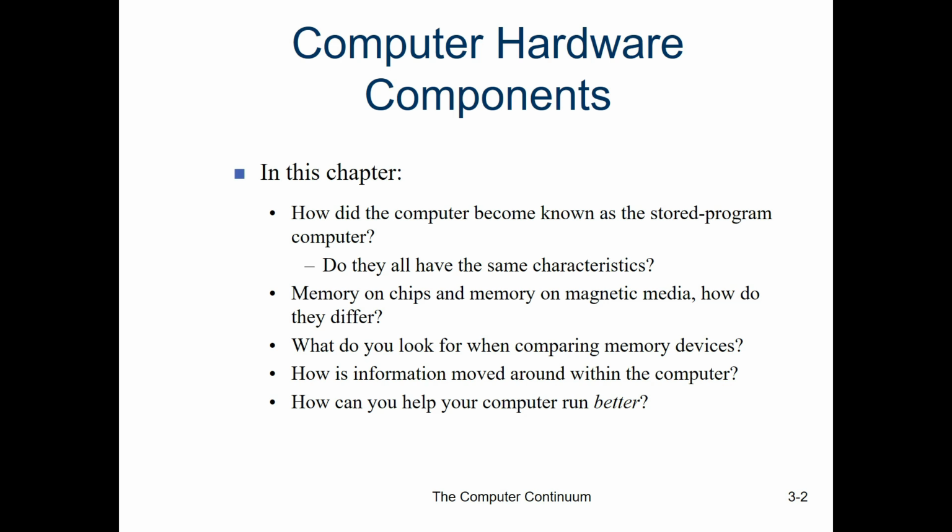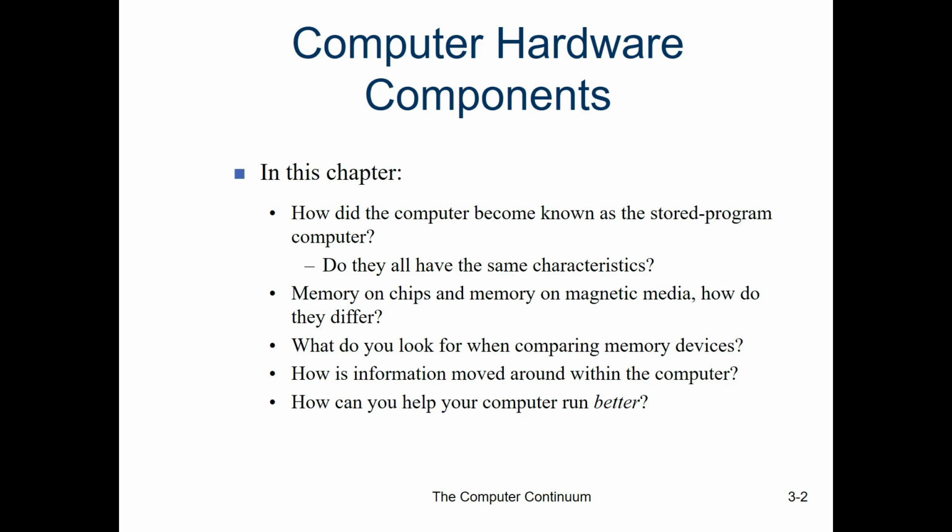Now in this chapter we'll learn how the computer became known as the stored program computer. Do they all have the same characteristics or are there varieties? And how do memory on chips and memory on magnetic media differ?